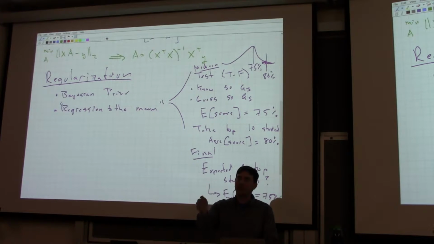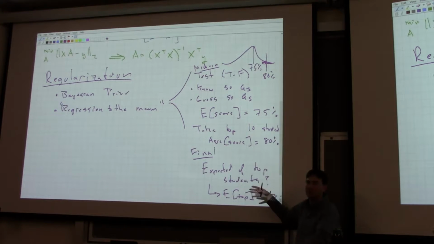If these students literally flipped a coin on those questions and flipped the coin again on the final, their expected value is going to be 75% again, right? So these students are going to regress back towards the mean. Even though they did well at the beginning, their expected score is going to be closer to the mean of the whole class afterwards.